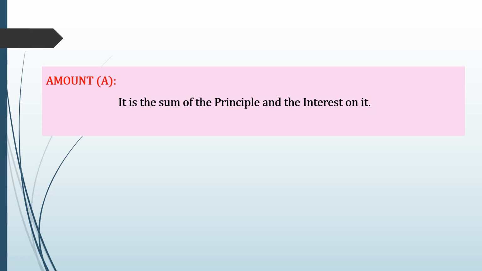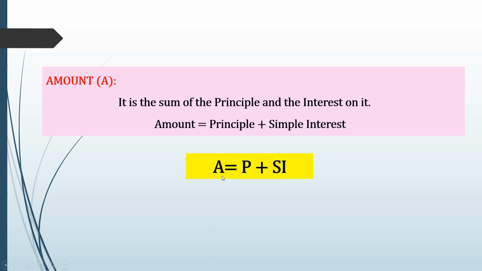So if principal and interest are added, that particular sum is called amount, which is represented by capital A. So we can say amount is equal to principal plus interest. In shorter form, we can denote this as A equals P plus SI.